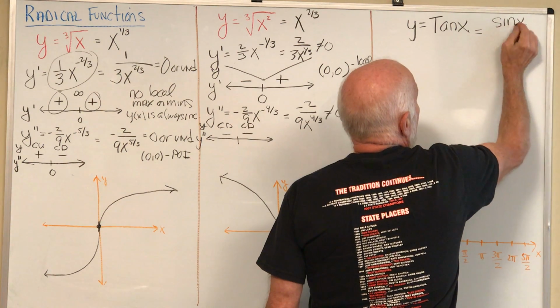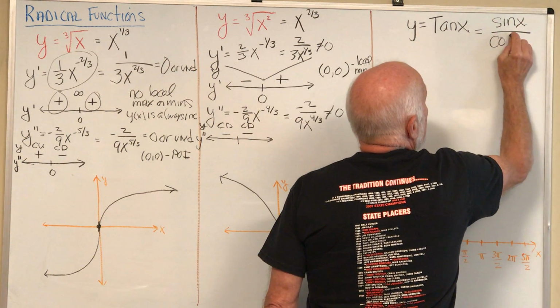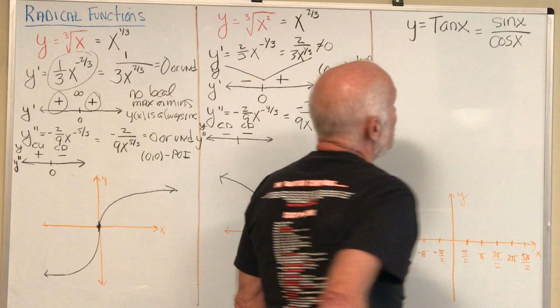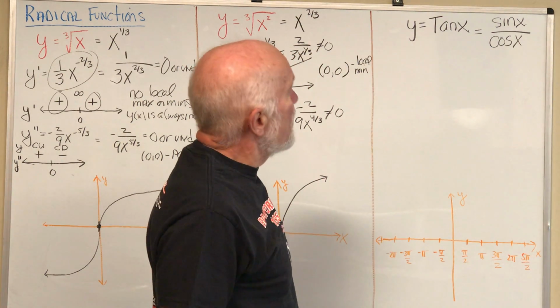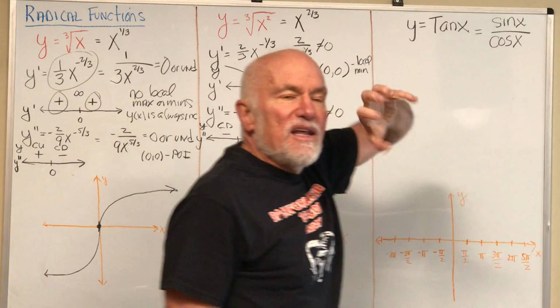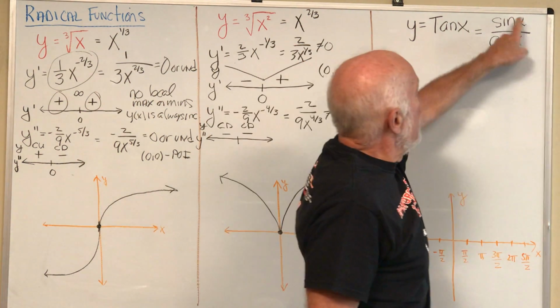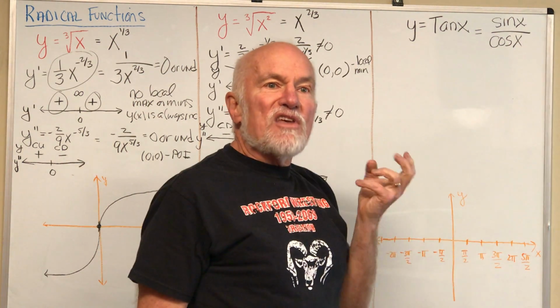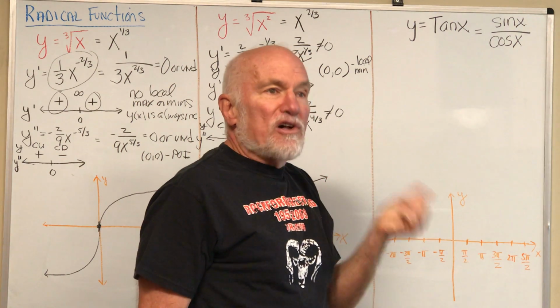And I think you all know from your trigonometry that the tangent is equal to the sine over the cosine. So it looks a little bit like a rational function. It's not really, because these aren't polynomials, but maybe it's going to have vertical asymptotes.